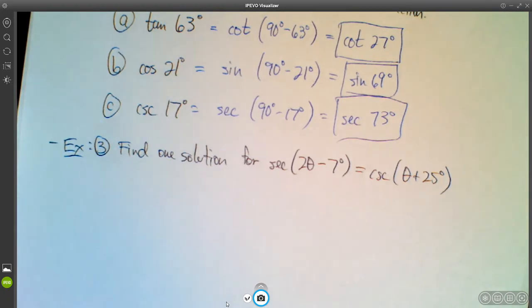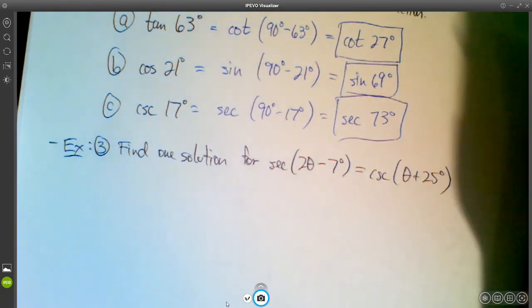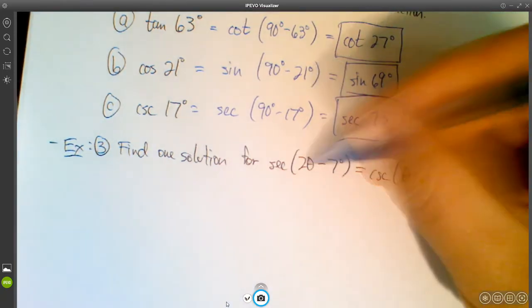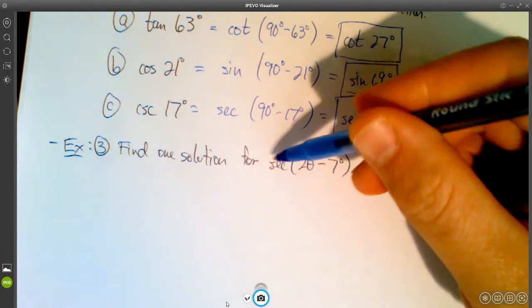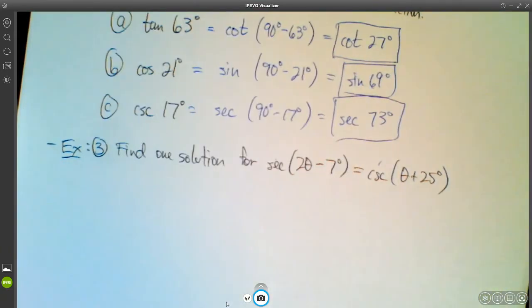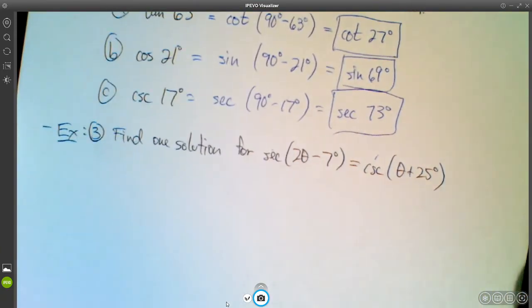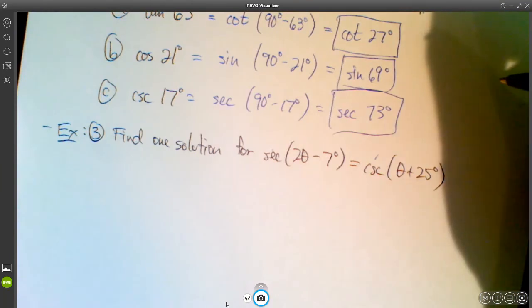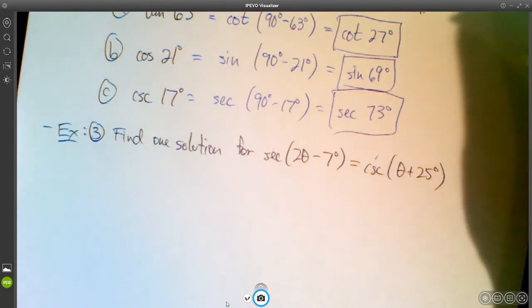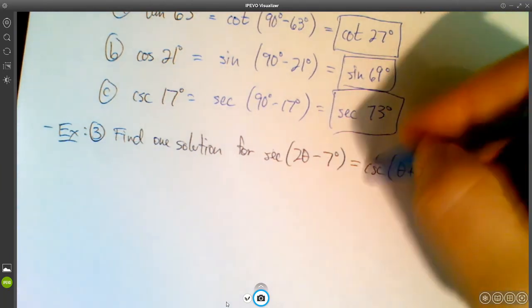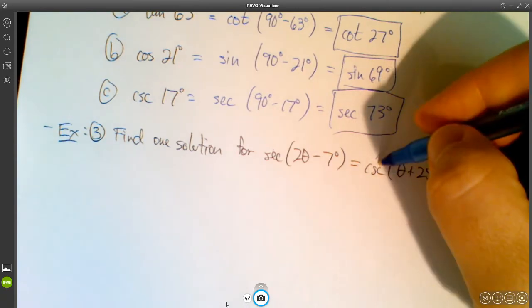Okay, so what I'm going to do is rewrite one of these in terms of its cofunction, right? Because notice that secant and cosecant are cofunctions of one another. So I can rewrite one of these things in terms of the other. It doesn't matter which one you pick. I think I'm going to change cosecant into a secant.